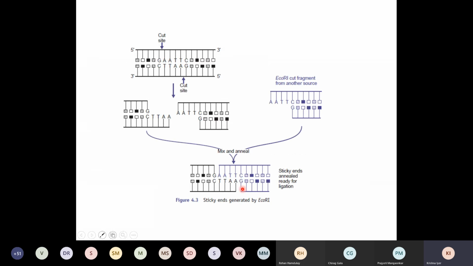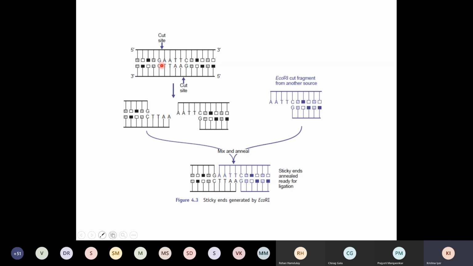So coming back to this slide, as I said, if I have a piece of DNA and I treat it with a restriction enzyme which cuts it, I get these sticky ends. Now imagine that I have another piece of DNA, which is structurally different from this piece. The only similarity is that it also has a recognition site for the same restriction enzyme.